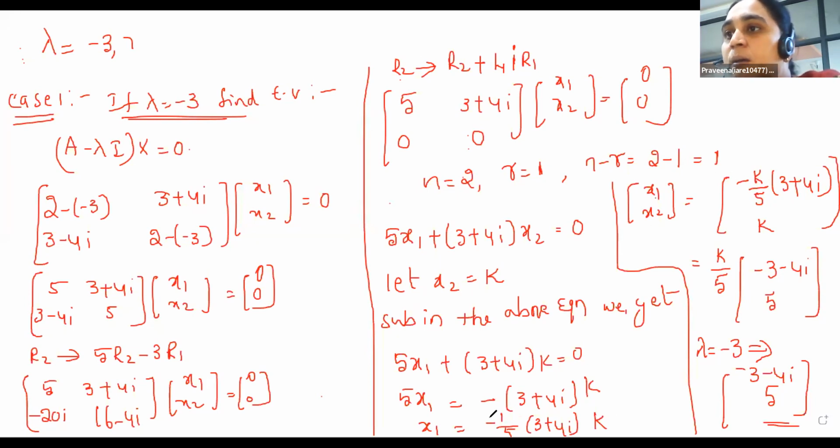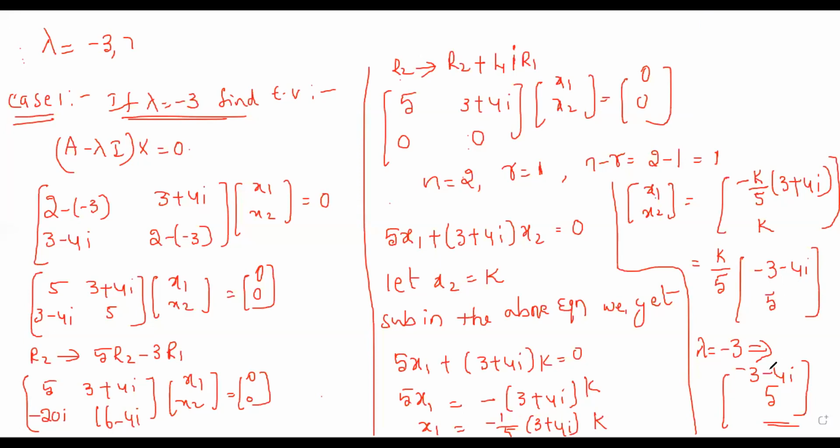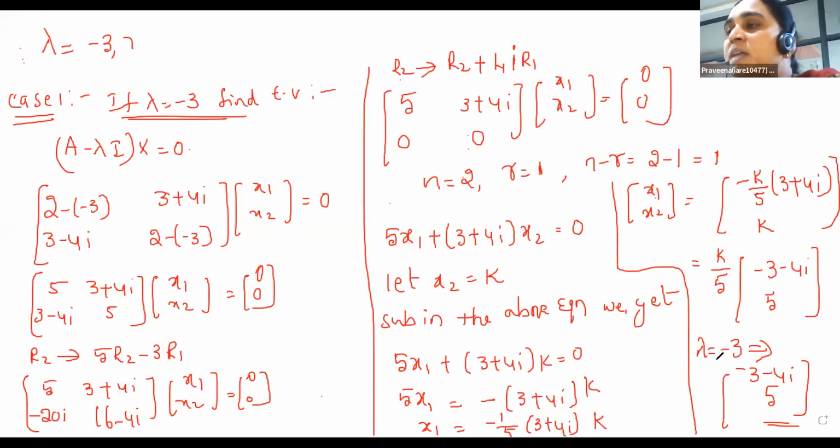From that, after writing x1, I am taking fractional values common. K is a constant and 1/5 I am also taking outside, and the remaining is minus 3 minus 4i, and here in x2 it is 5. Therefore, if lambda is -3, the eigenvector is -3 minus 4i and 5.